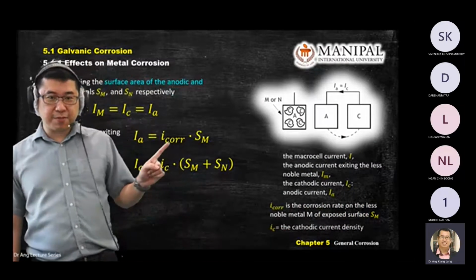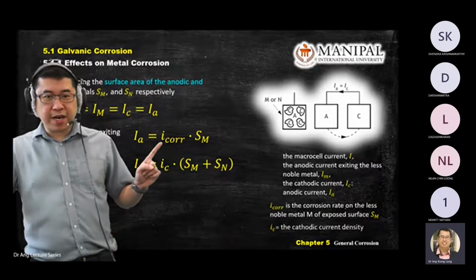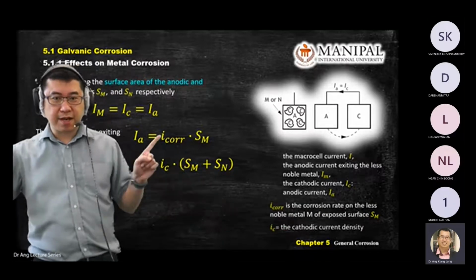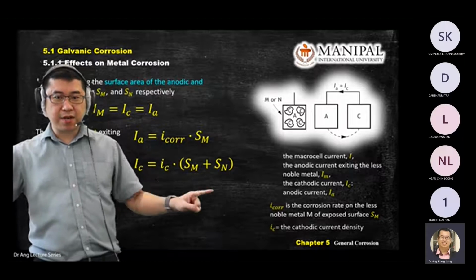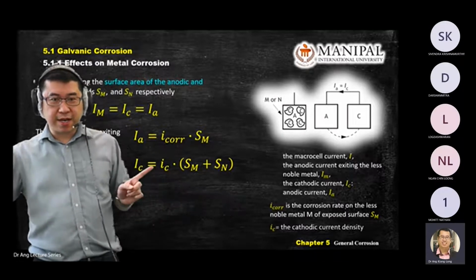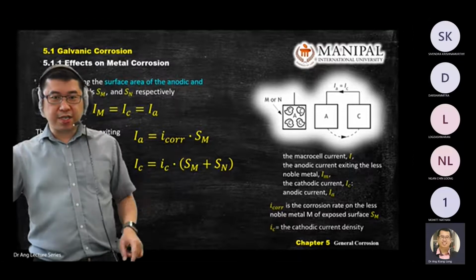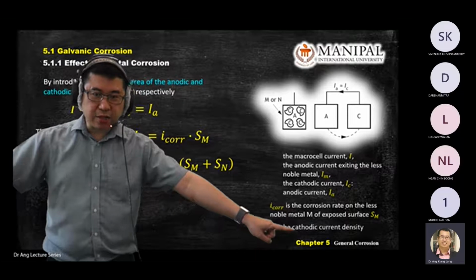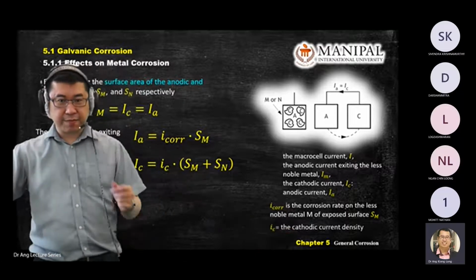So there is a difference in meaning. On the top, i CORR is the corrosion rate. Another one, small i c, is the cathodic current density.